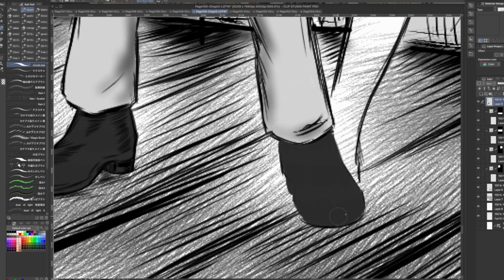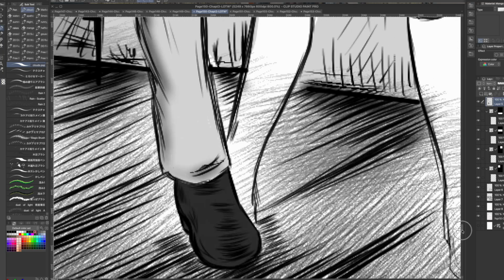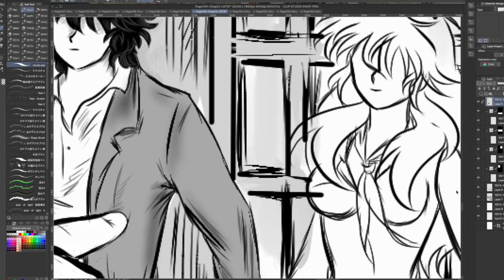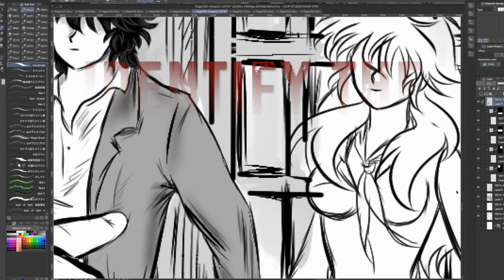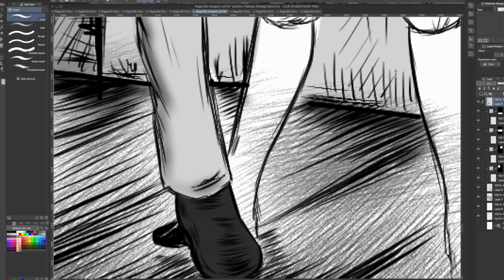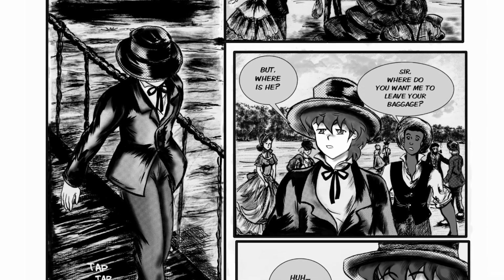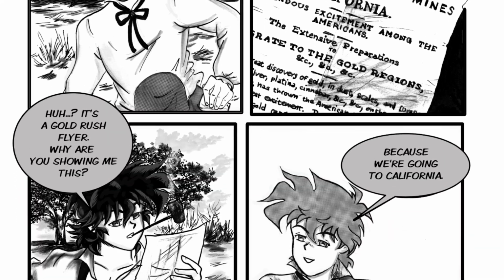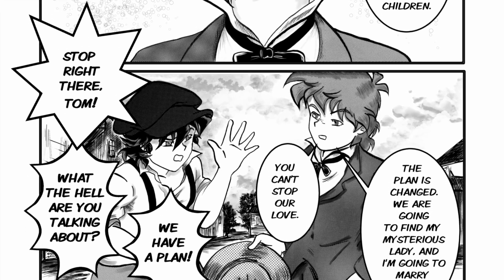Once you understand your character's psychology, the first rule of reinventing a character is knowing what cannot change. You have to identify their core DNA. For Tom Sawyer, it's his theatricality. Whether he's a 12-year-old kid or a 16-year-old young man, Tom wants to be the hero.